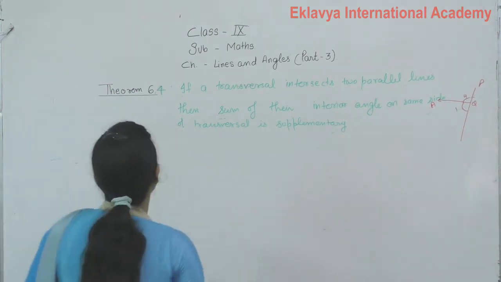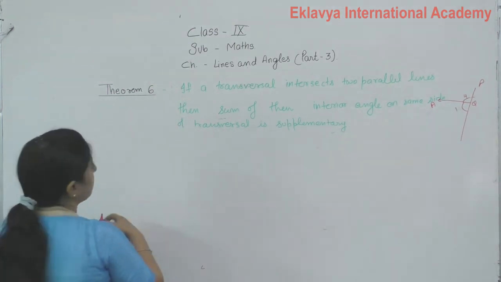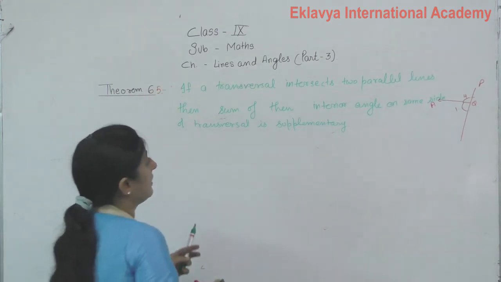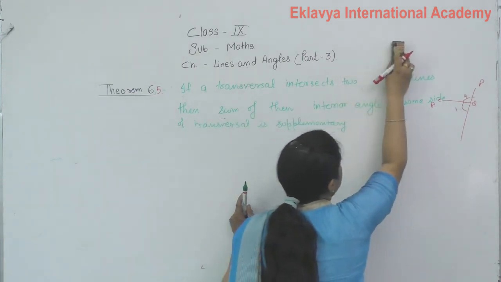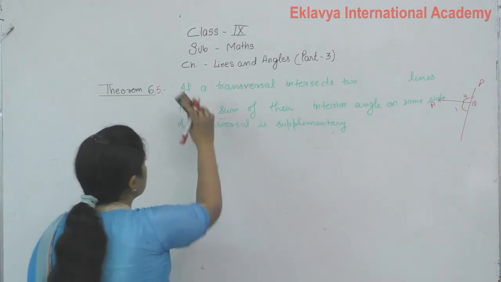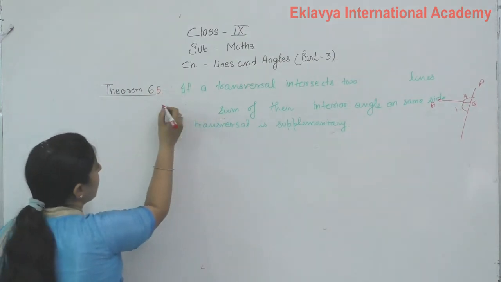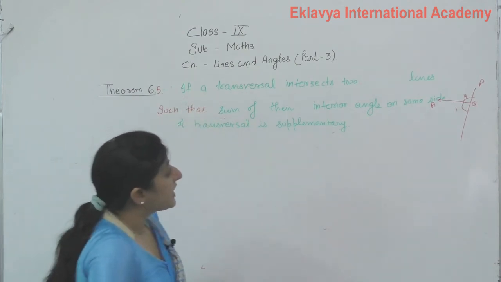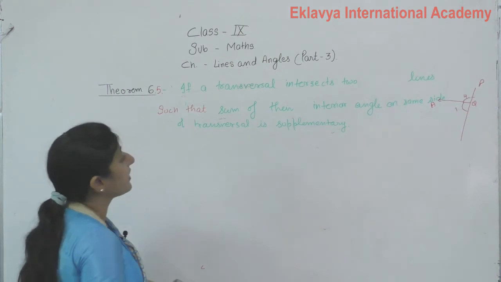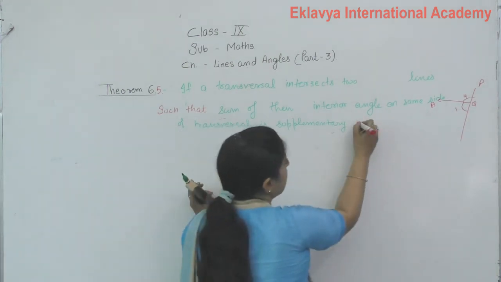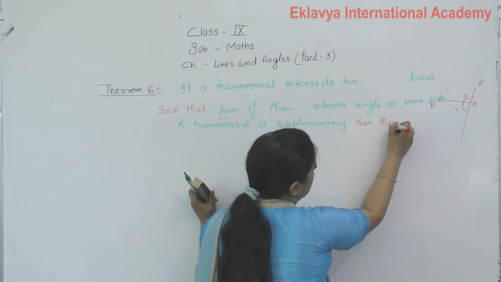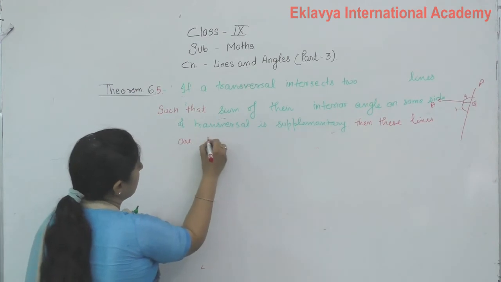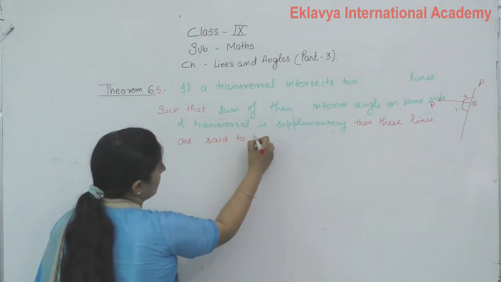It means in this theorem we have to prove that if a transversal intersects two lines such that the sum of their interior angles on the same side of the transversal is supplementary, then these lines are said to be parallel.